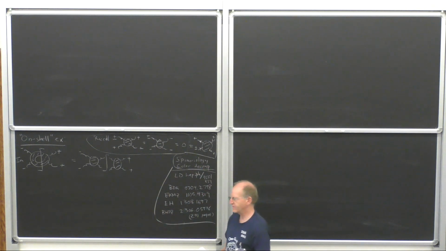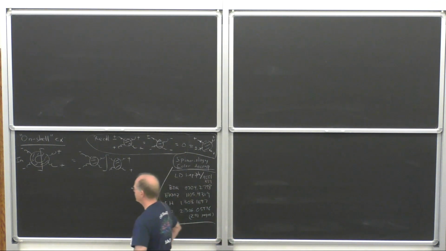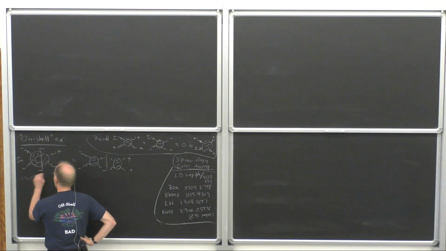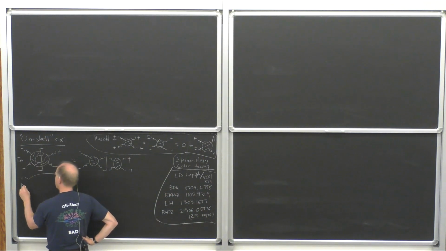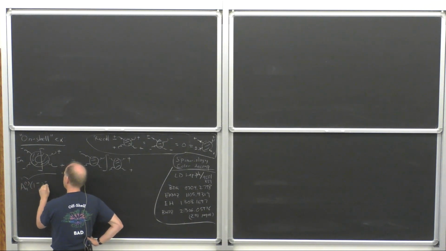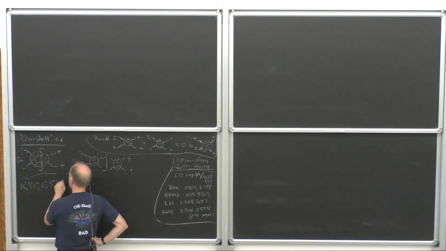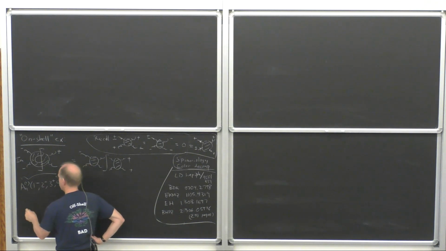I don't have more details of on-shell methods than I have time to go through here. But let's just look at this example. Remember, we said that we only need two different one-loop amplitudes to do gluon-gluon scattering. One of them was this one.